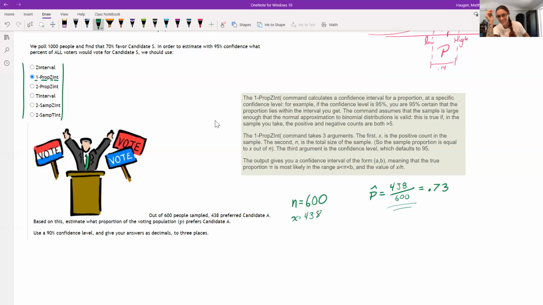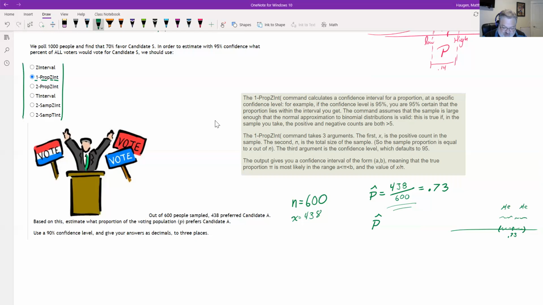Okay, so we know that our p hat is going to form the center of our interval. So it's going to be around that 0.73, some distance up and down, centered at that 0.73. We want to figure out how far up and down we are supposed to go. That's our margin of error on both sides.